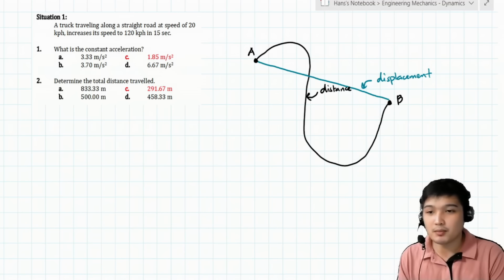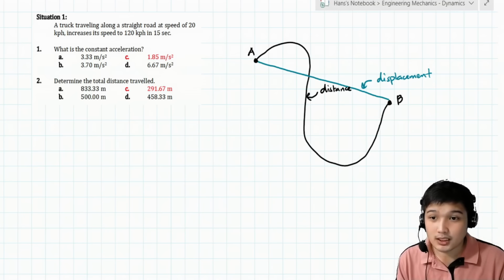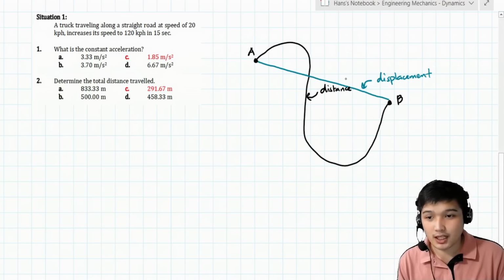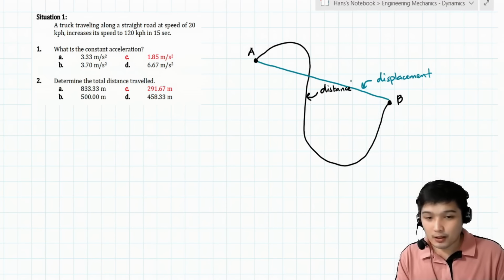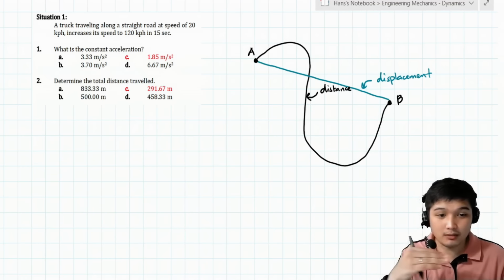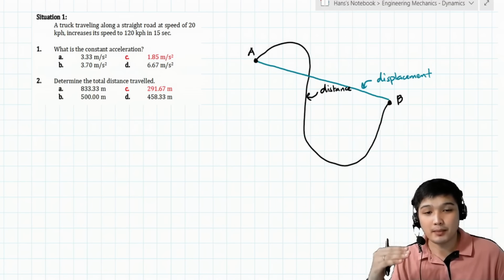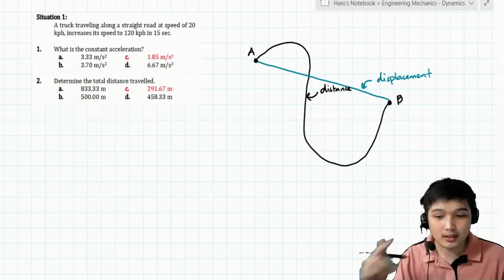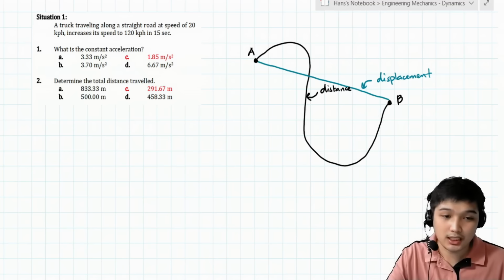Kasi magkaiba pag pinag-uusapan is yung speed saka yung velocity. But this one is the general discussion. Pero 'di ba sabi ko nga, itong topic natin na ito is about straight path lang siya, 'di ba? Rectilinear motion. So straight motion lang siya. So meaning to say there are some cases na parehas yung distance saka displacement. So discuss lang natin muna bago tayo mag-proceed dito sa sample problem, which is madali lang naman.